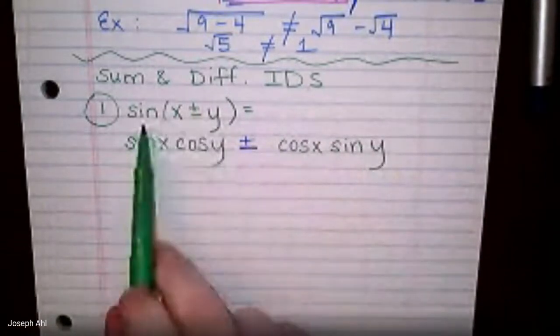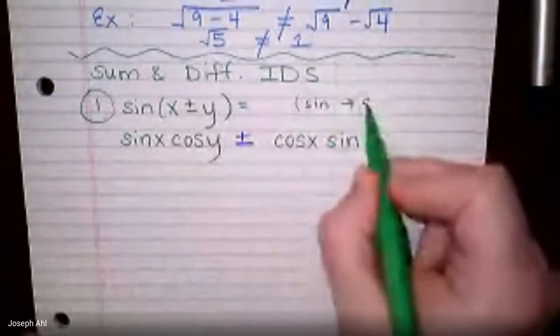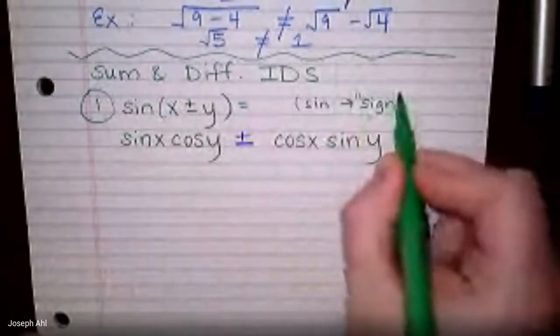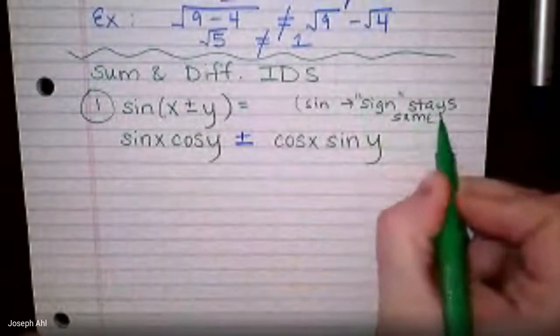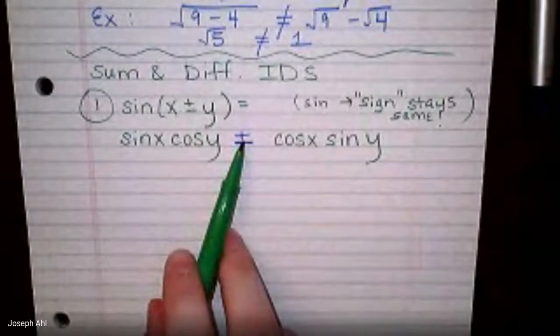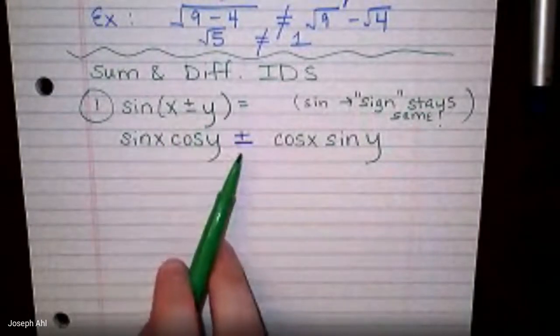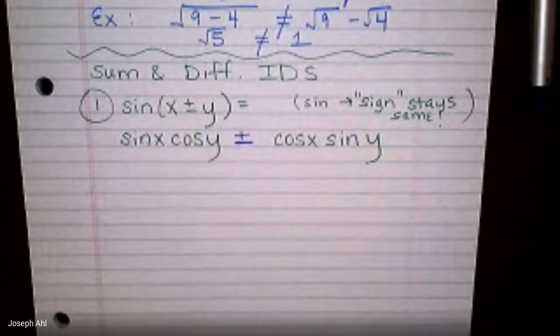So for sine, the sign stays. So you can even write that down. Sine, the sign stays the same, which is kind of cool as a way to remember. If you're adding 2 angles on the inside here, you're adding in this identity. If you're subtracting those angles, this stays subtraction. So kind of a nice way to keep track of that.